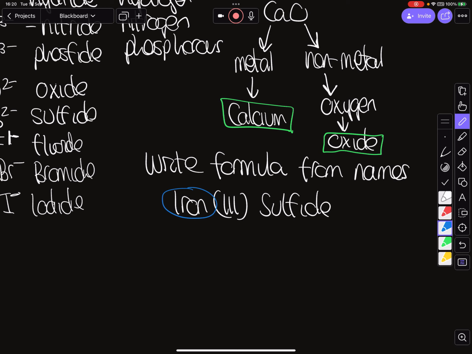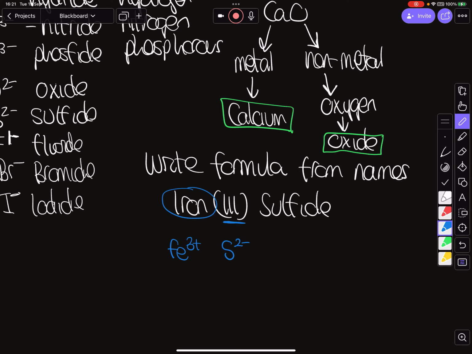They have variable valency, and the number in the brackets tells you what the charge is. So this is going to be an Fe3 plus. That is its charge. We know the sulfur, if we look at our periodic table, sulfur is in group 6. So if it's in group 6, it has an S2 minus.